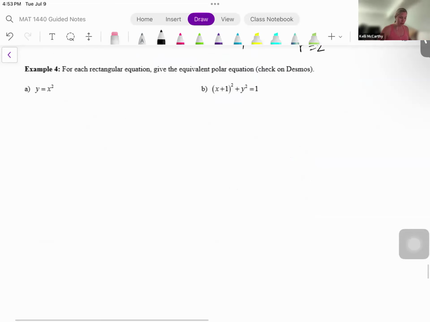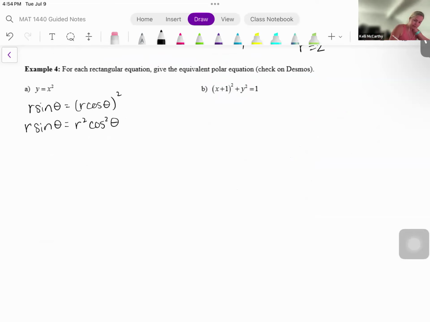For each rectangular equation, give the equivalent polar equation. y equals x squared. We know that this is a parabola, but let's see what this looks like in polar form. y is r sine theta, x is r cosine theta, and this is being squared. So we have r sine theta equals r squared times cosine squared theta.